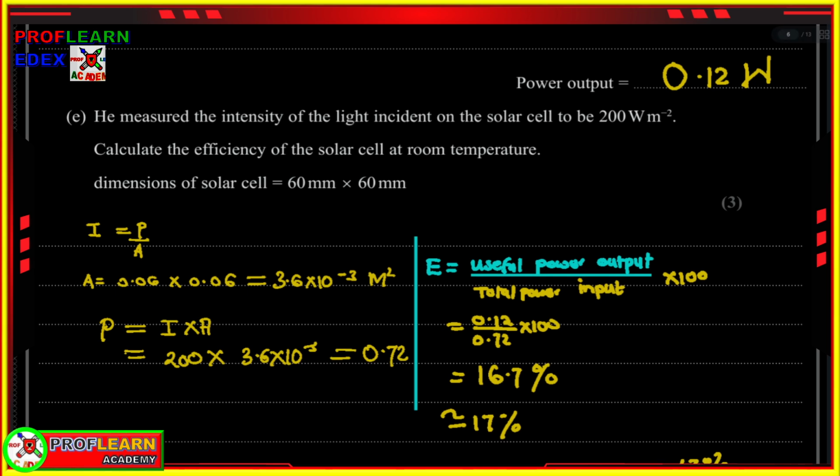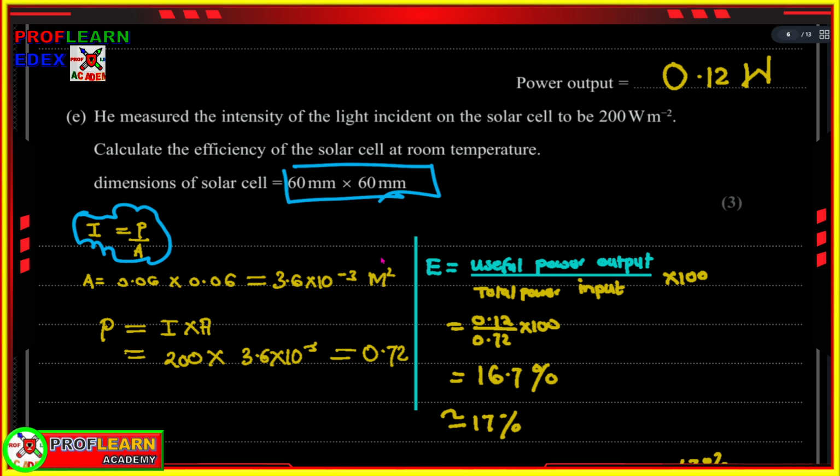So the first thing that we need to understand is that intensity is usually power over the area. But we don't have the area. We can work it out from here. You convert these millimeters to meters so that we can say power equals intensity times area.